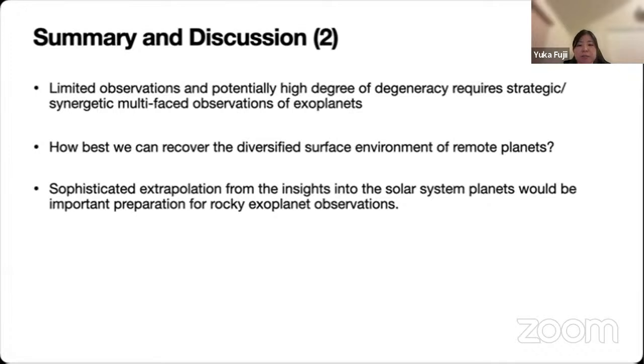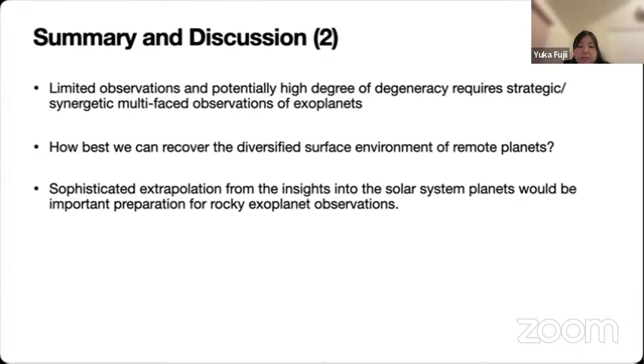Considering the limited amount of data and likely low signal-to-noise ratio, the interpretation tends to suffer from degeneracy. This is actually already seen in the exoplanet data of Jovian planets, or gaseous planets.